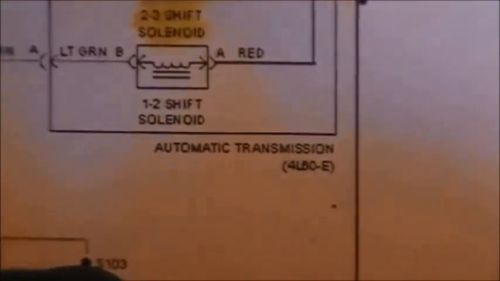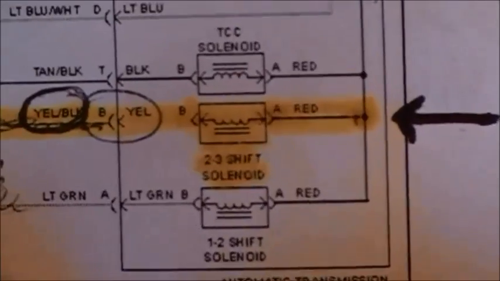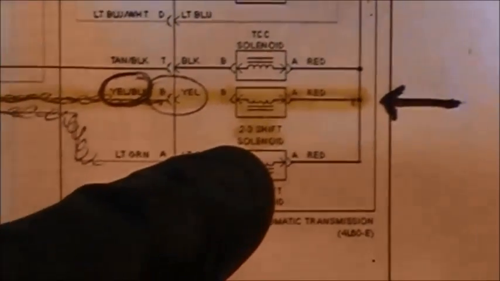And what you want to do is go over to the automatic transmission, which it says here, and you want to look for the 2-3 shift solenoid.